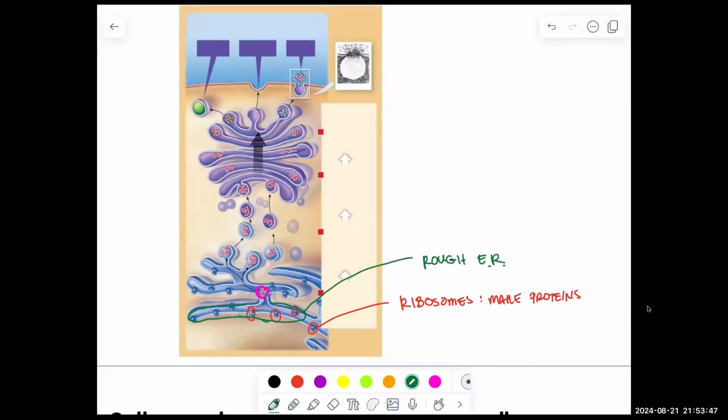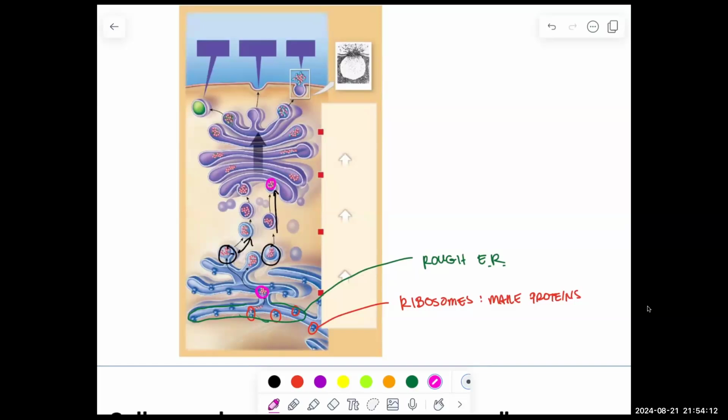So it made them. Look at what the rough endoplasmic reticulum does with the proteins it makes. It's just going to pinch a little bit off, and it's going to send them to the Golgi. So now that protein that the endoplasmic reticulum made is inside the Golgi. The Golgi is now going to be like, okay, I'm going to put this protein over here. I'm going to put this lipid over here.